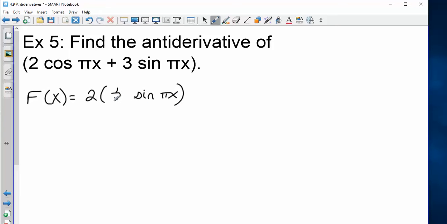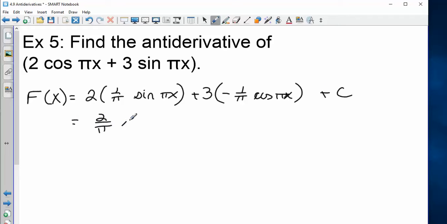So you have to put 1 over pi in front. 3 stays. Antiderivative of sine would have to be a negative cosine pi x with a 1 over pi in front. And then plus c. You get 2 over pi sine pi x minus 3 over pi cosine pi x plus c.